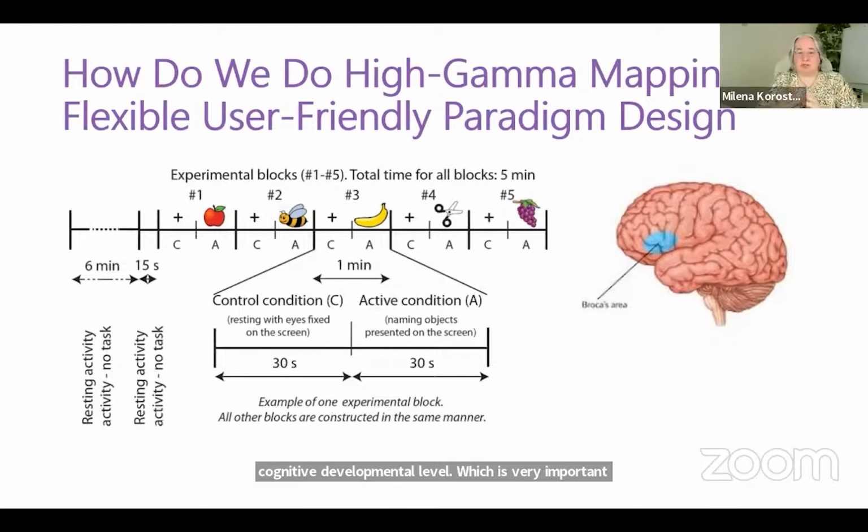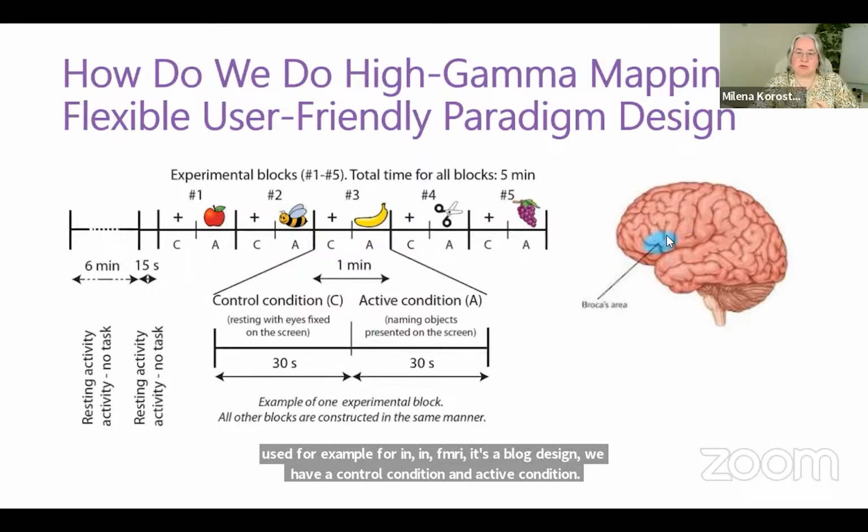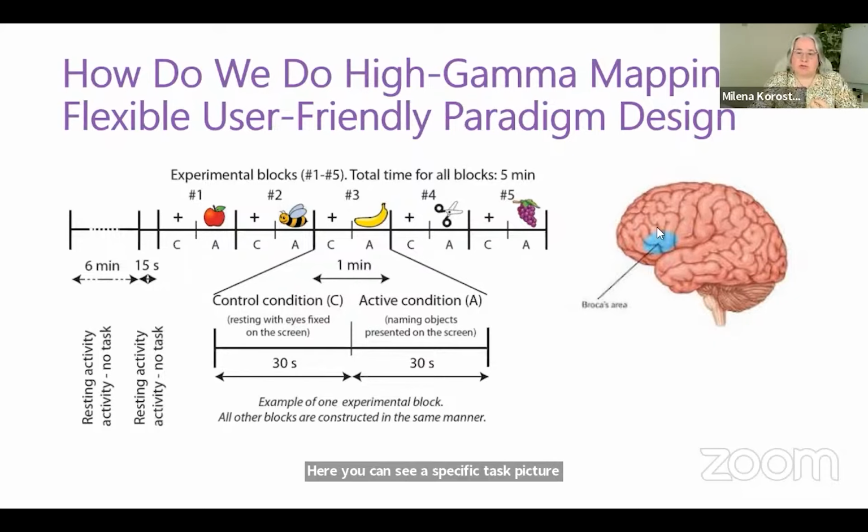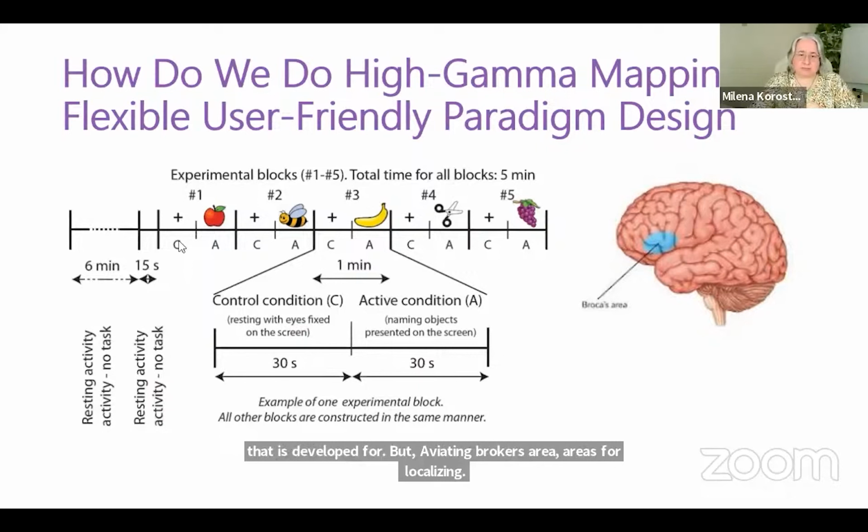The usual approach uses a similar design to that used in fMRI: a block design. We have a control condition and an active condition. Here you can see a specific task, a picture naming task, developed for evaluating Broca's area for localizing speech and expressive language.